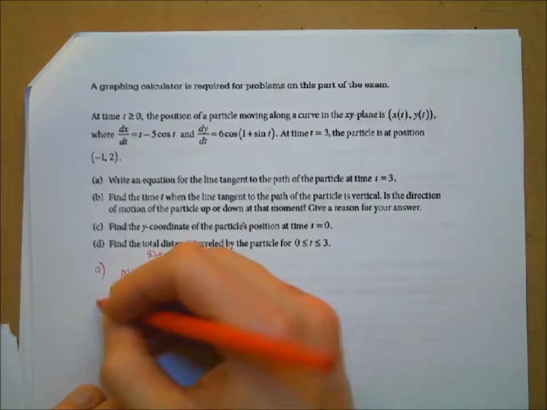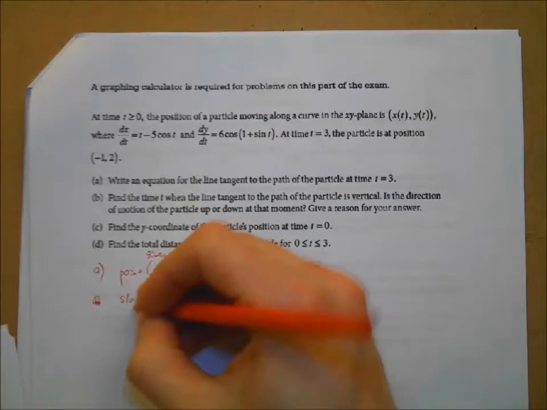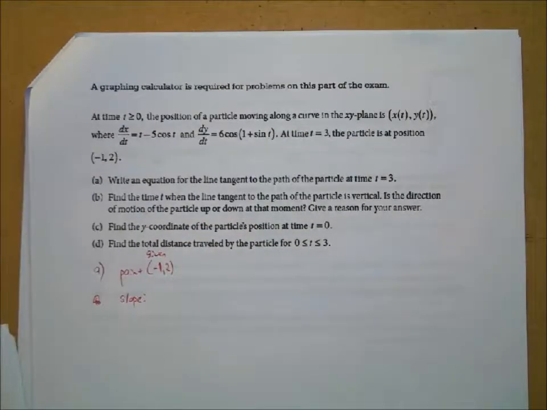Okay, why am I writing b? We're not done yet. Now the slope. We want the rate of change of our curve. Is that dx/dt? It is dy/dx, right? The rate of change of the curve is combining together those two parameters to make dy/dx there.